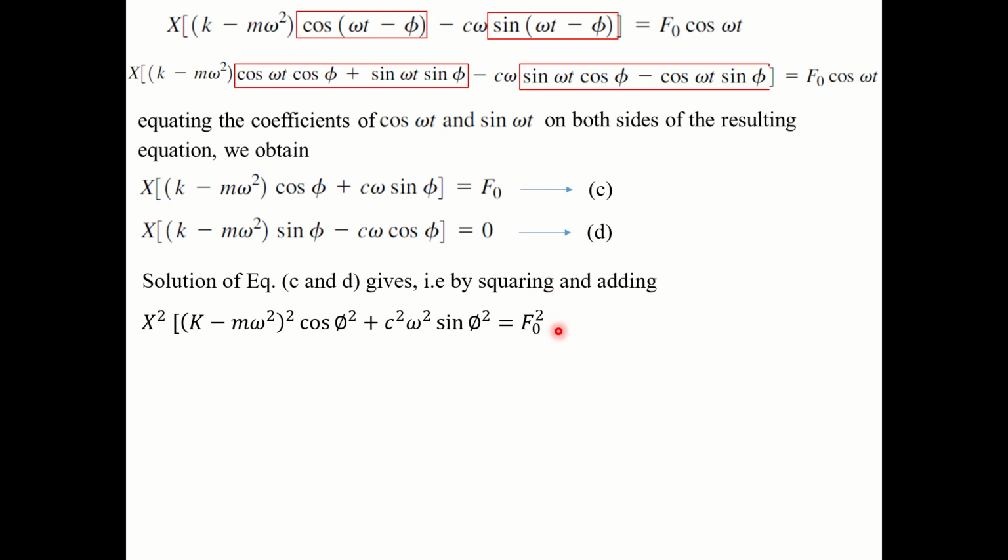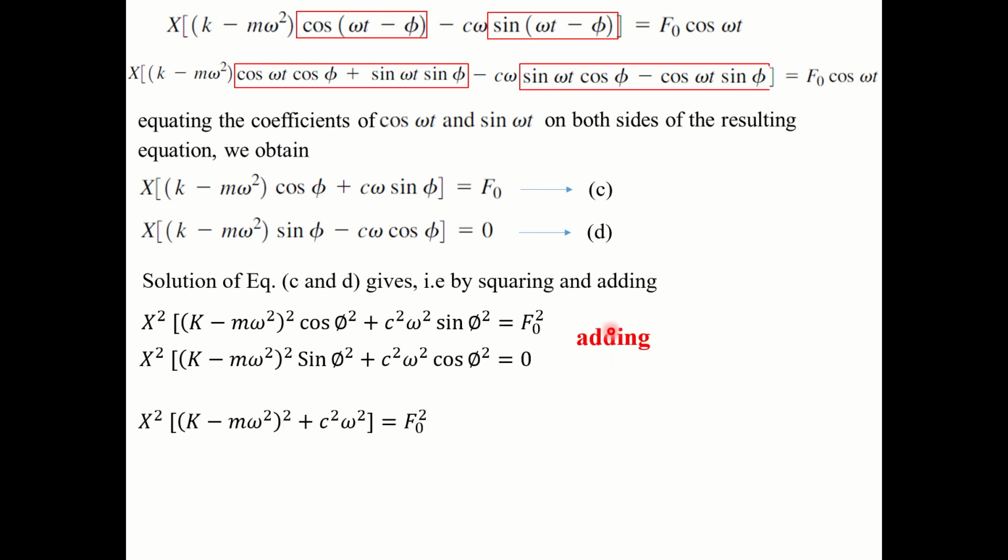The next equation is x square (k minus m omega square) sin square plus c square omega square cos square. So that's what I have written here. Means you have to square these two. Now you should add these two equations.